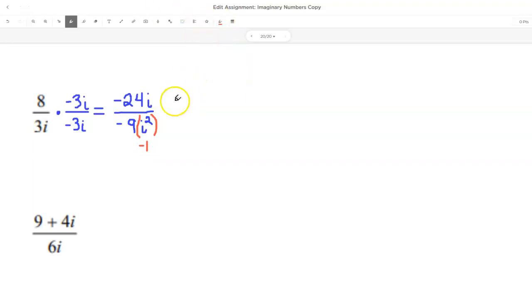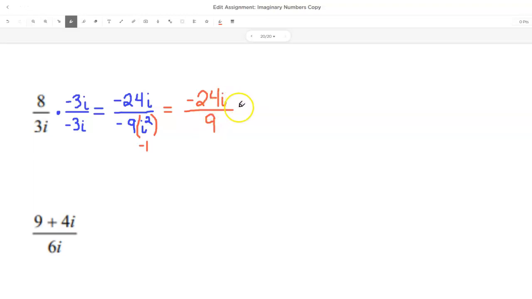Now I'm just going to simplify. So we have negative 24i in the numerator. If we just have an i, that i cannot be changed. It stays as i. With i squared changing to negative 1, I'm going to do negative 9 times negative 1, and there I get 9.